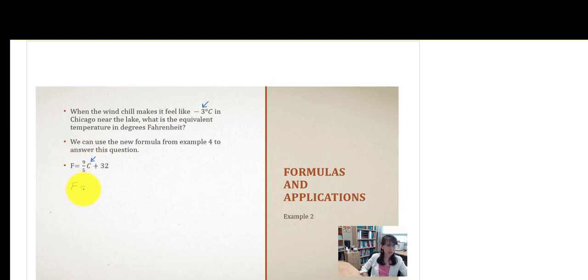The Fahrenheit temperature would be 9/5 multiplied by -3, and then we will add 32. So the order of operations tells us to do this multiplication first. Fahrenheit now would equal 9 times -3, which is -27, divided by 5, and then add 32.